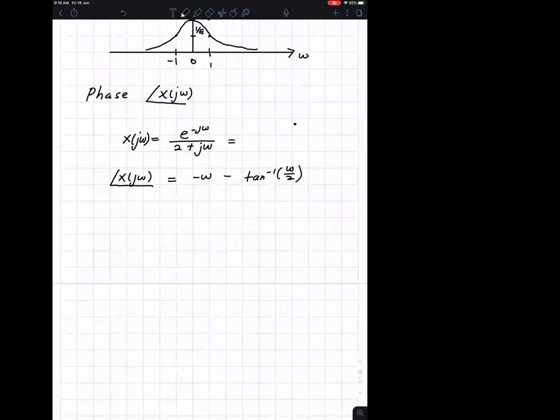Like for example, if you have 6 at 90 degrees divided by 2 at 45 degrees, how do you do this? You go 6 divided by 2, and then you go 90 minus 45 degrees, right?